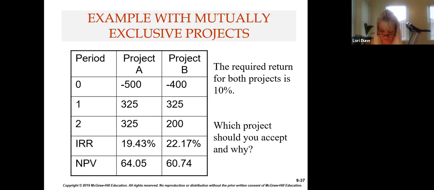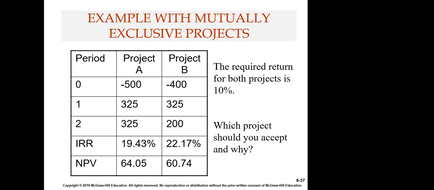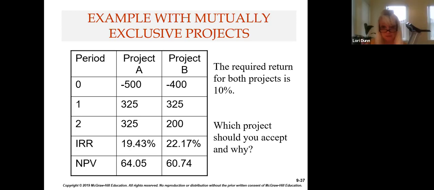So I'm going to go into my finance calculator, internal rate of return, and put in the cash flows: -500, comma, bracket, 325, comma, 325, close the bracket and close the parenthesis. I get 19.43%. I could do the same thing putting in the information for project B. That's telling me 22.17%.